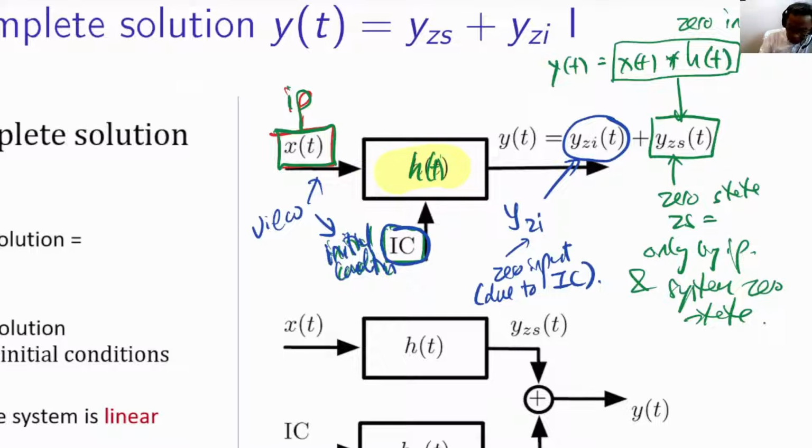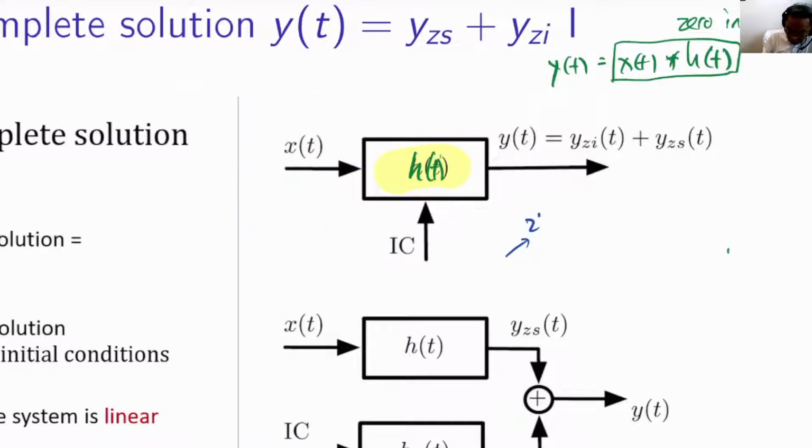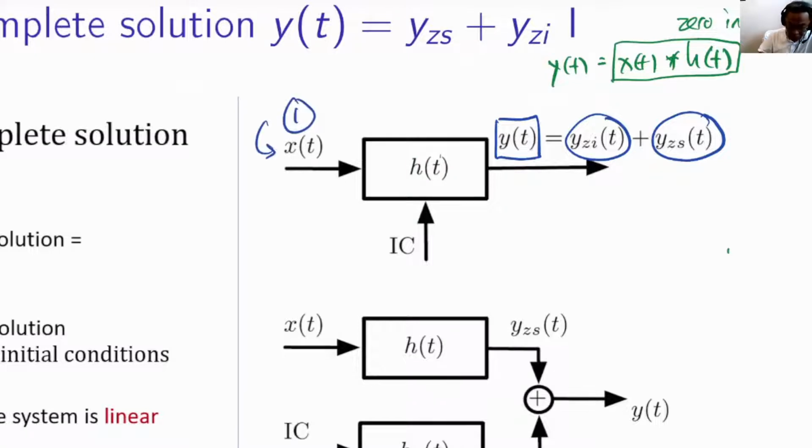This way of breaking down the problem to generate the output into two parts is a very clever way to analyze the system, because, for example, if the input changes, then we only need to calculate this one. If the initial condition changes, then we only need to change this one.